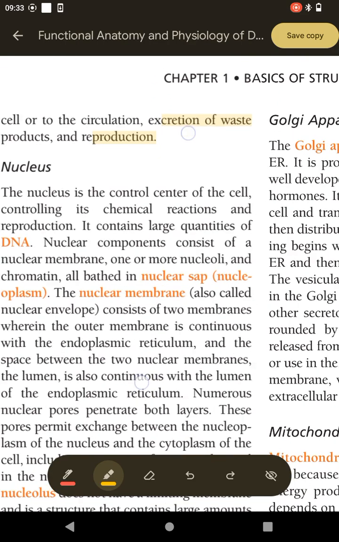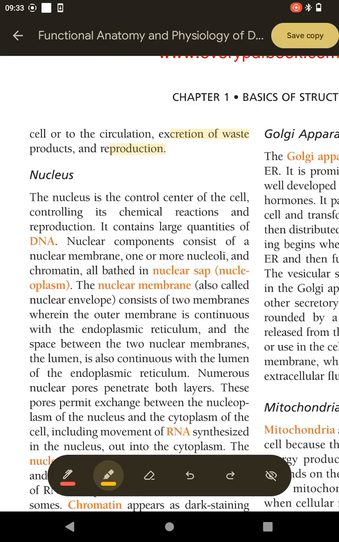All these functions are performed by the individual cell, just like a whole body.